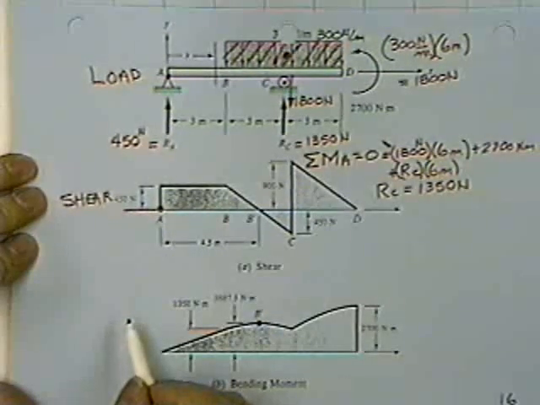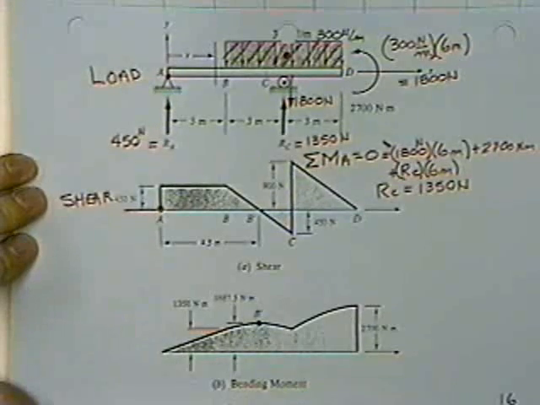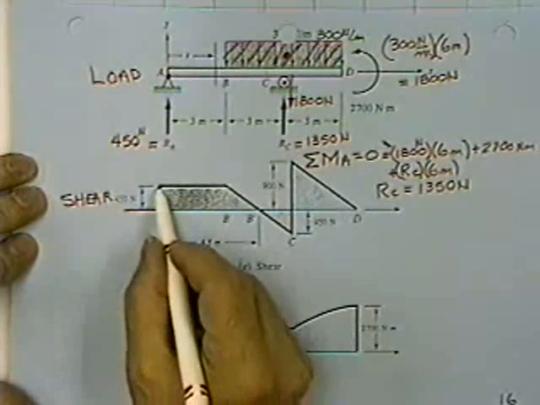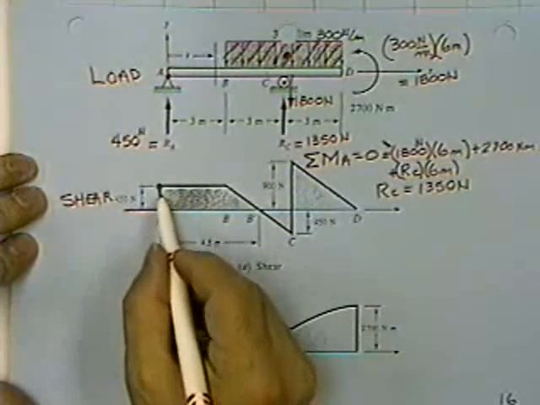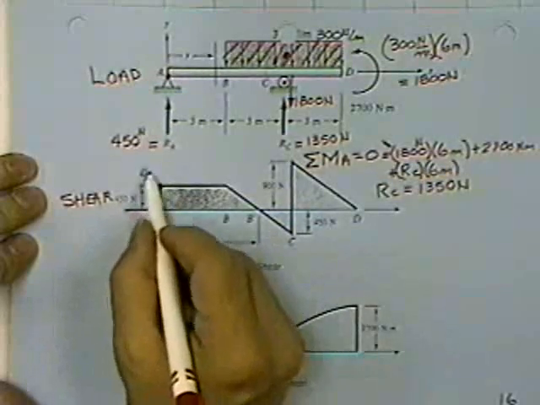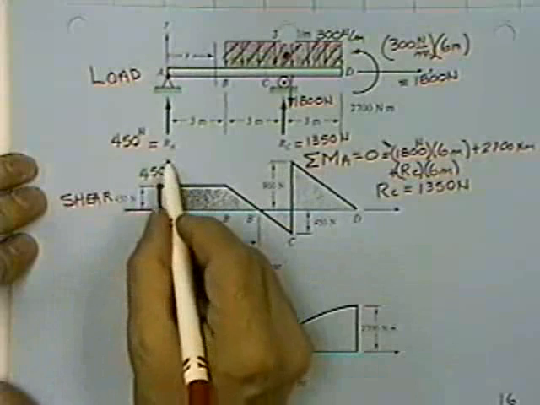You simply do what the loads tell you to do. In other words, you look back up one diagram and say, what would you like to do? It says, I'd like to go up 450. You say, okay, I'll raise the value 450 higher than it used to be. Well, it used to be at 0, so now you are 450 newtons in the air.